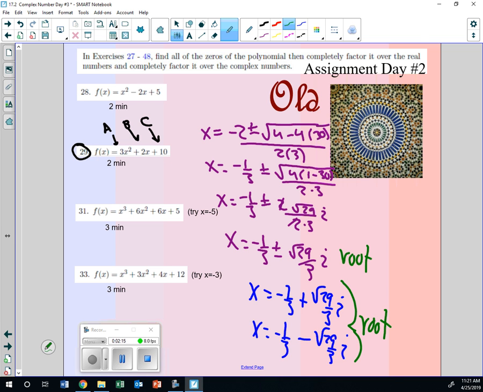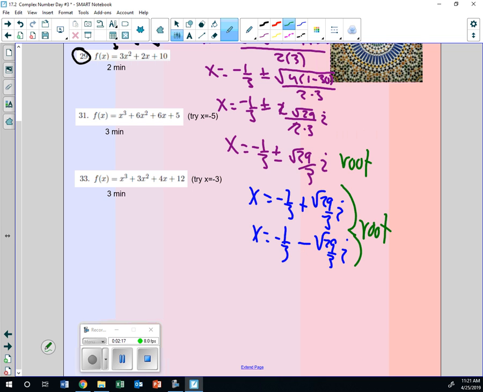These are the roots. If you want them as factors, which you're going to want tomorrow, then what you do is you go x minus a negative 1/3 minus the root of 29 over 3 i equals 0. And then this one, x minus a negative 1/3 minus a negative square root of 29 over 3 i.